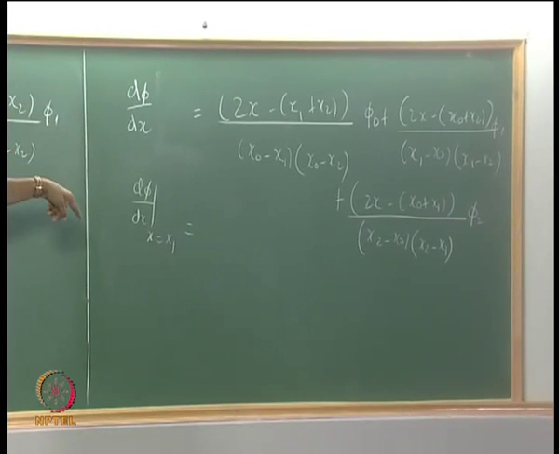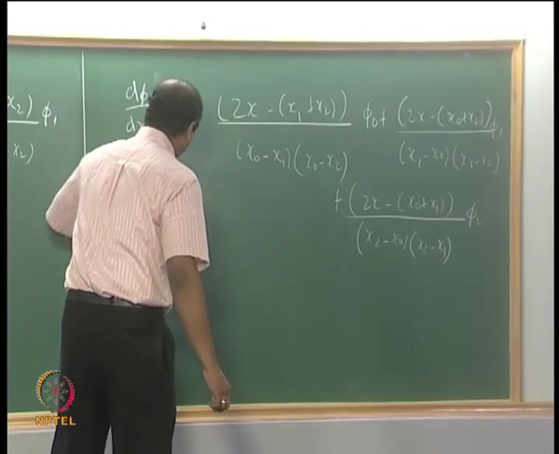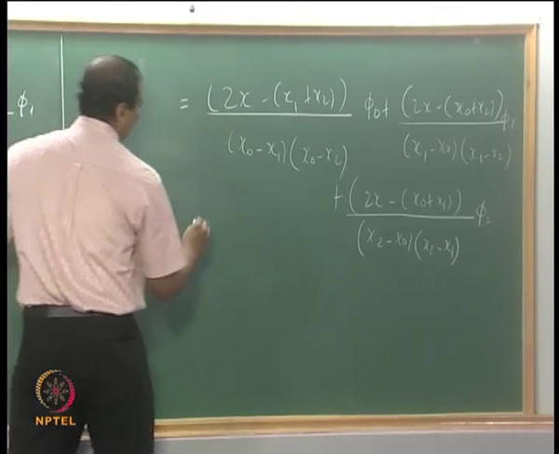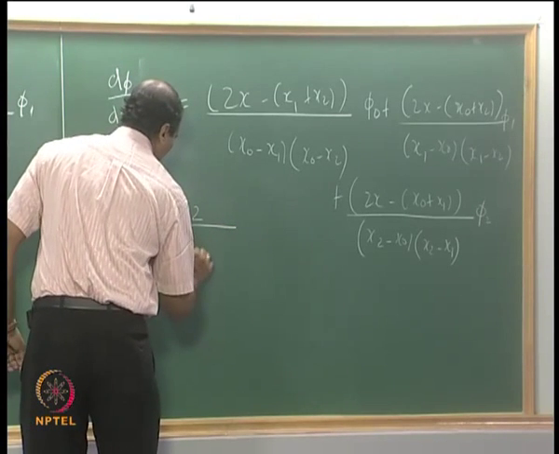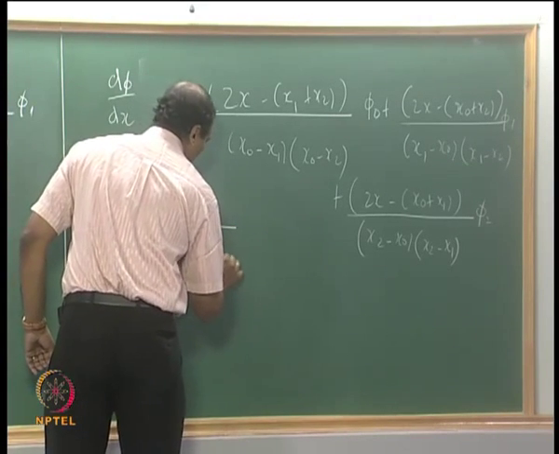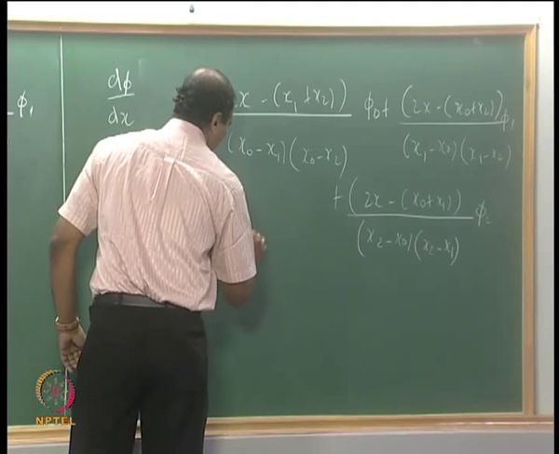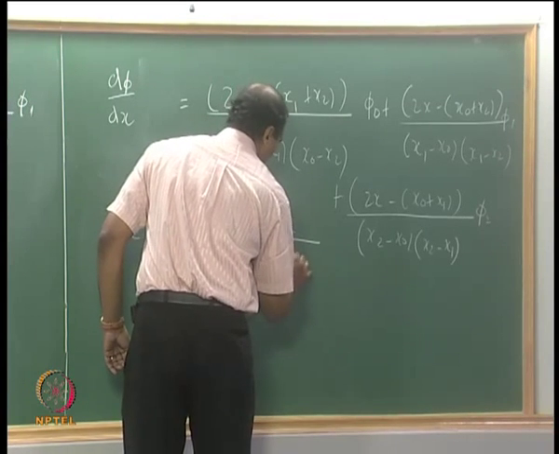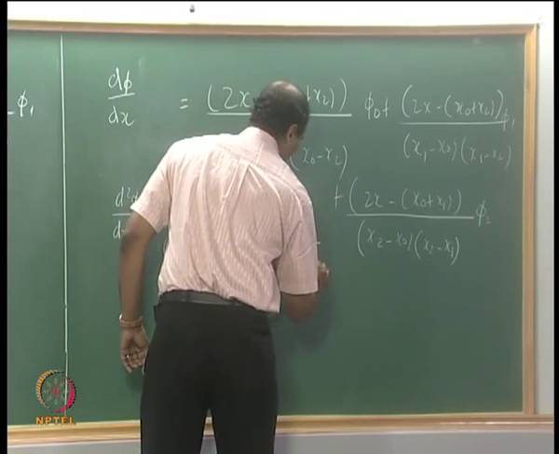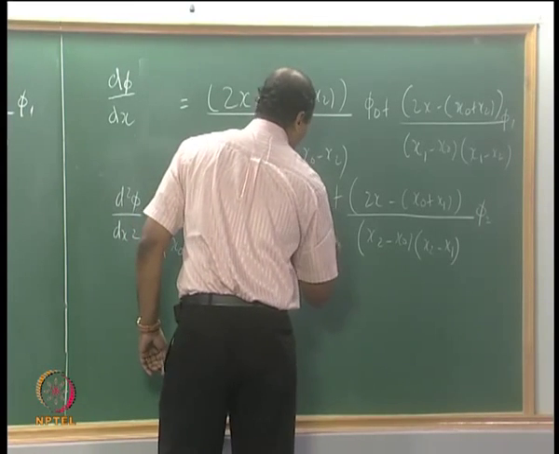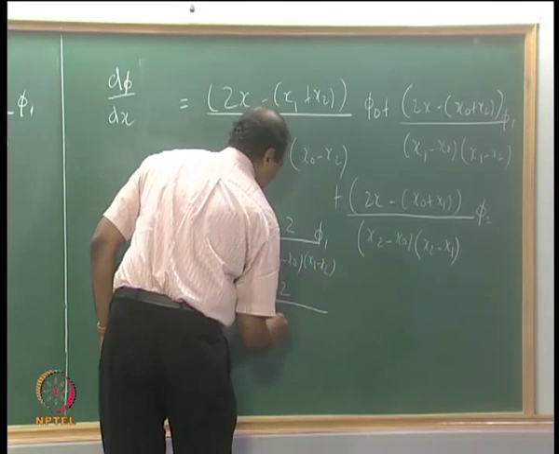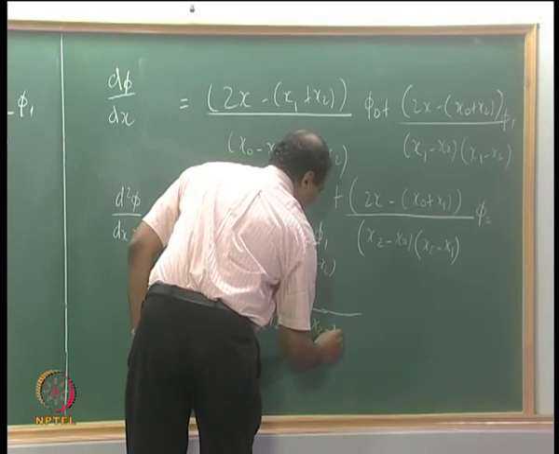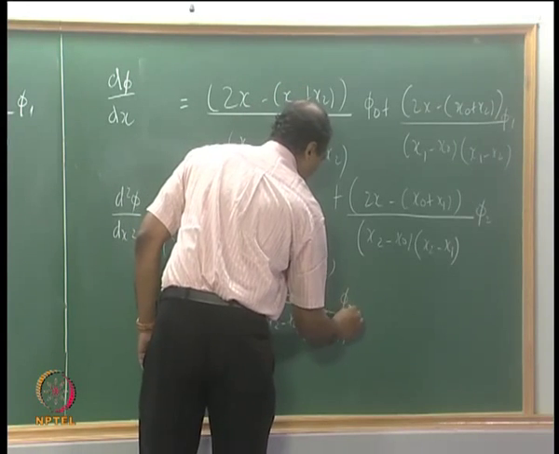Not 2 pi, that is d squared, or you want to take d squared, go ahead, no problem. Let us take the, okay.